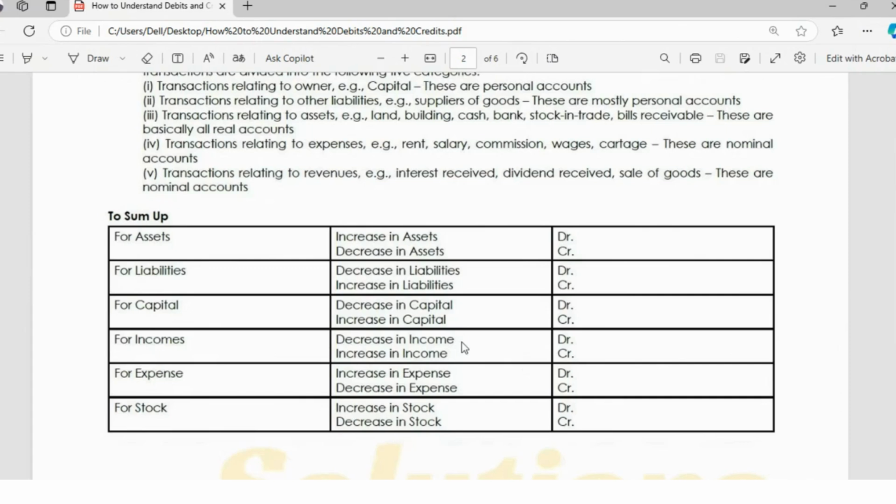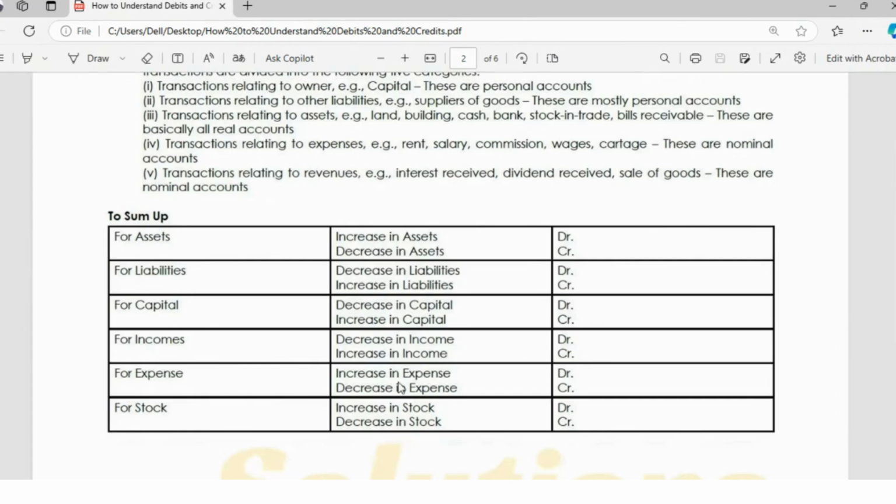And on the opposite side, whenever you have sales returns, or any other matter which will decrease your income, the income account for that respective amount will decrease, and that is getting debited here.